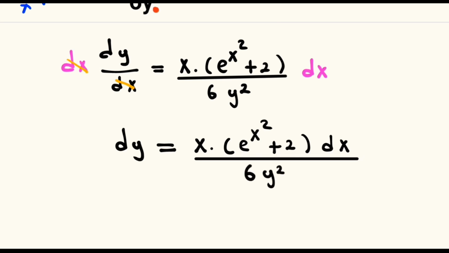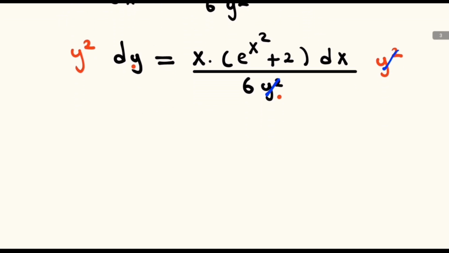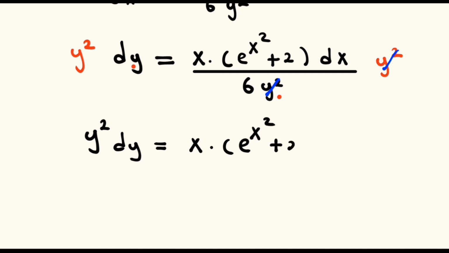We have to group the y squared with the dy on the left hand side, so we multiply both sides of the equation by the y squared, and that y squared and that y squared will cancel out, such that y squared multiplied by the dy will be equal to x into e raised to the power x squared plus 2 multiplied by the dx.